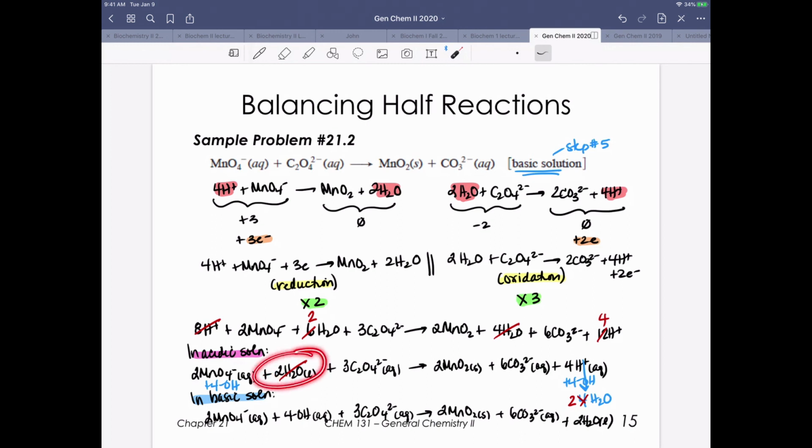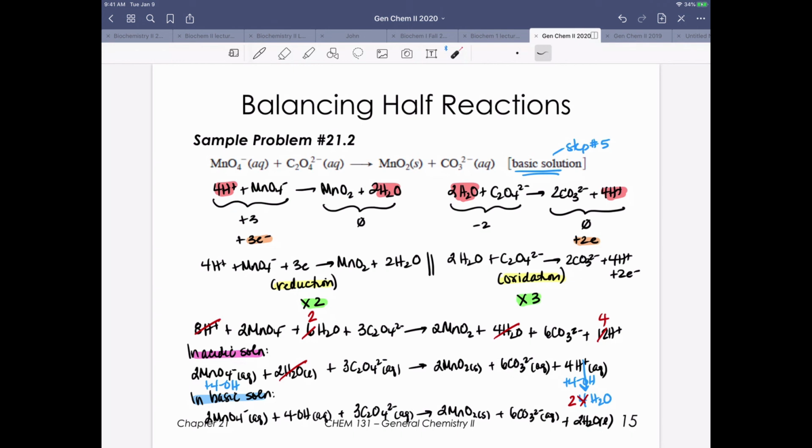So 2 on the left, 4 on the right is going to net us 2 on the right. Now rewriting everything, accounting for the fact that we've added 4 OH minuses to the left, and we have a net of 2 waters on the right, we get this final balanced chemical equation, balanced now in basic solution.